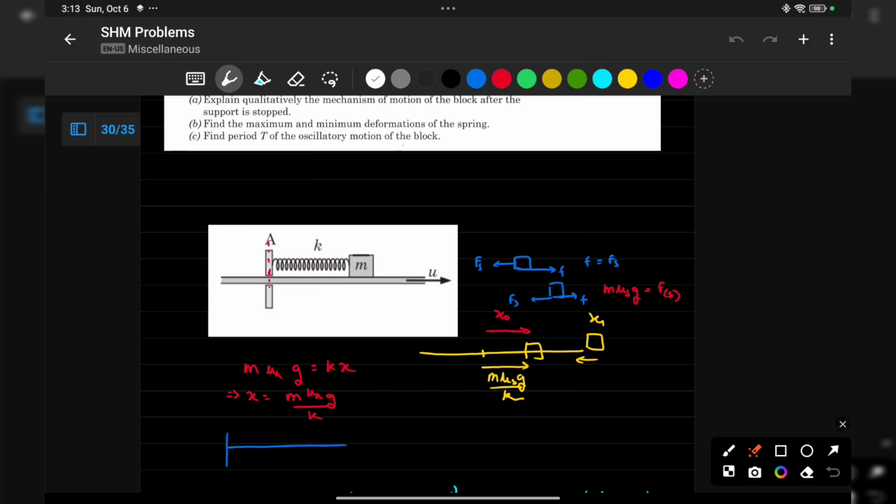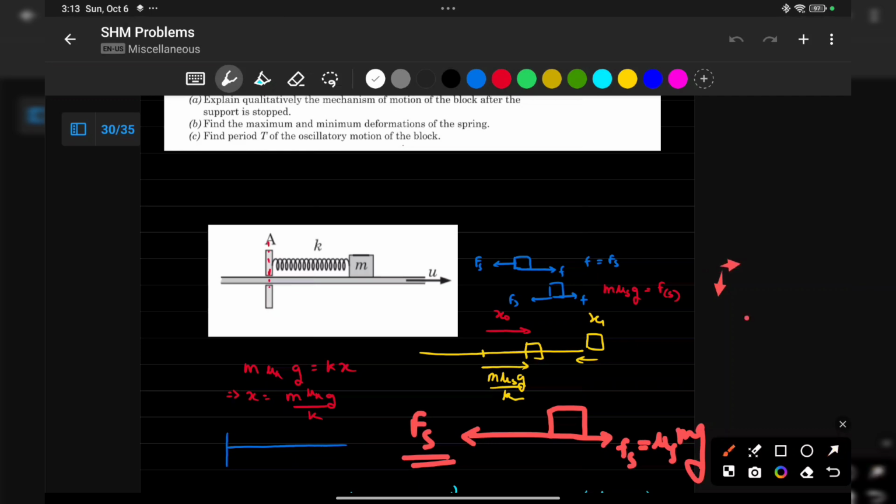You can see there was the block and there was a friction force that was mu s mg, and then it suddenly decreased, and then suddenly what happens?